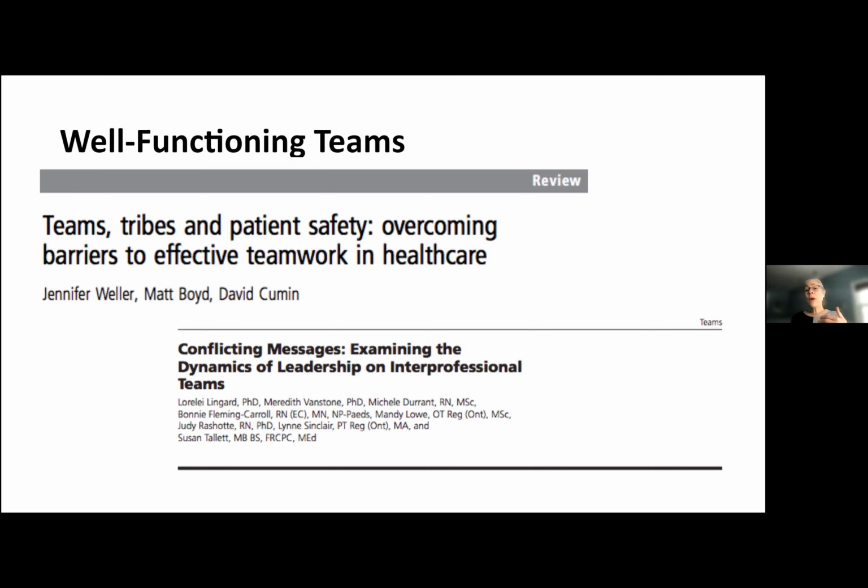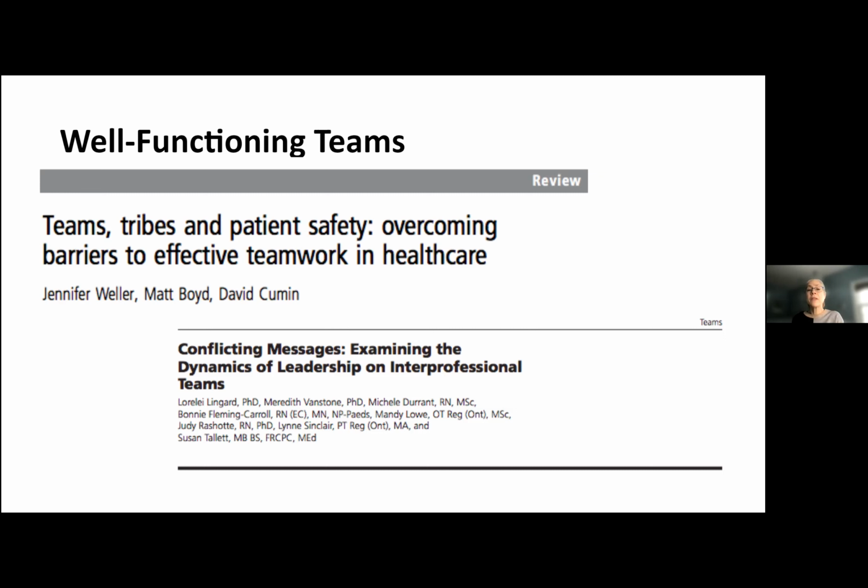So what they recommended was actually openly recognizing that there are hierarchies on our teams, that these perceptions exist, that there are differences in training and experience, and recognizing and acknowledging those, and yet still empowering everyone on the team to speak up in a democratic way will result in better, more honest and open communication, and better understanding, or better function of the team as a whole.